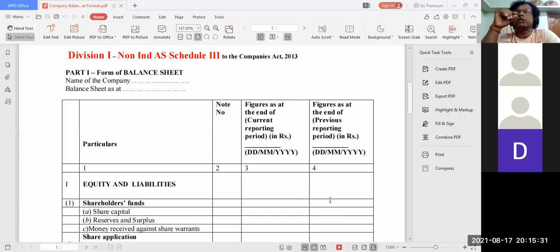Before that, internationally, what was formed was International Accounting Standard up to 2001. After 2001, what is formed by IASB is International Financial Reporting Standard, IFRS. And India is also accepting IFRS for our country.